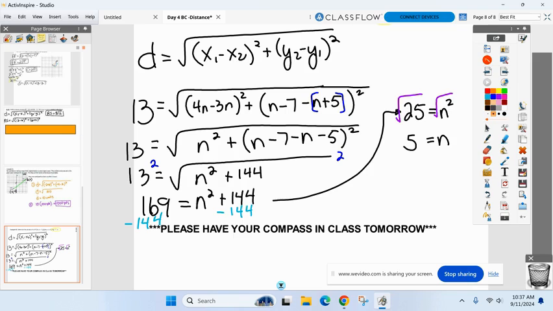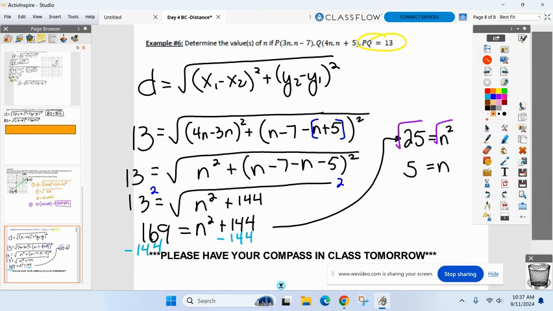What happens when you take the square root of a number? You get the positive version and the negative, and most of the time you don't even talk about the negative because it doesn't make sense in a problem. Like you can't have a negative 5 feet, but we're talking about what here? Coordinates, aren't we? Can you have a negative X or Y coordinate? Absolutely. So you better have both the plus and minus version here. There's no reason to get rid of it.